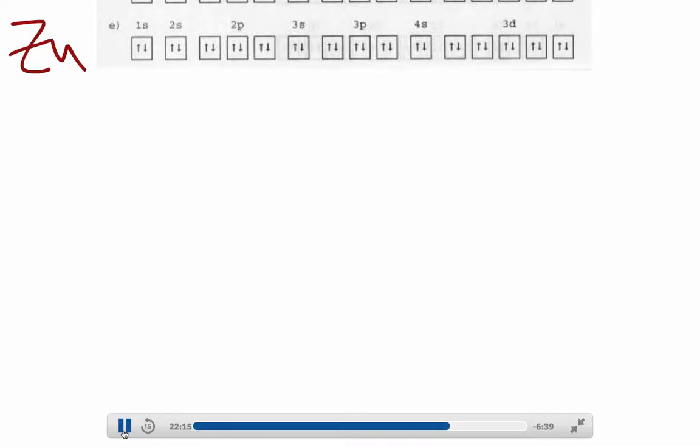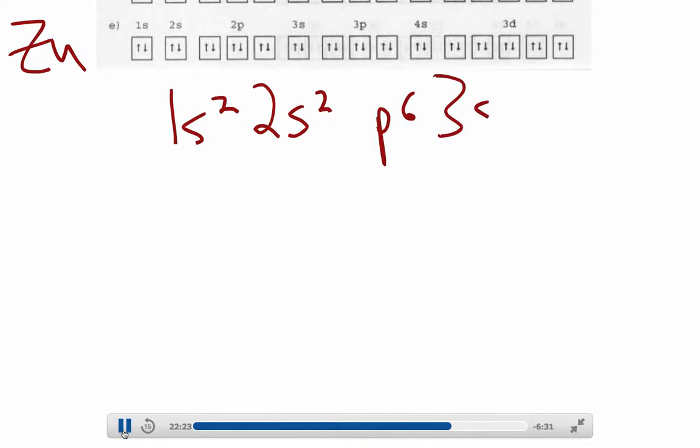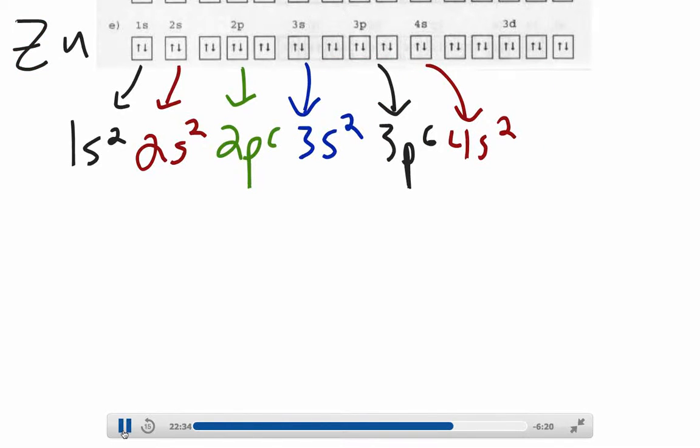If I convert this to electron configuration, it'd be 1s2, 2s2, 2p6, 3s2, 3p6, because it's full. Wow, I already ran out of room. Okay, sorry, this was where I ran out of room. So, like I said, we had our 1s2, 2s2, 2p6, 3s2, 3p6.